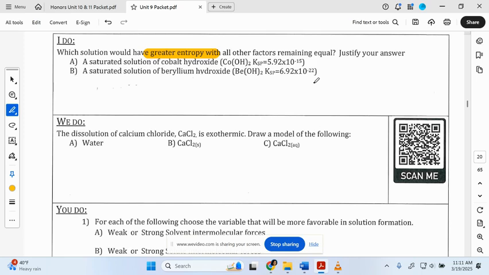A, why? More of it reacts. This is a saturated solution, more of it is going to be in solution, broken out into its ion form. And more of this will stay in its solid form because this value is smaller than this one. So A is the correct answer there.